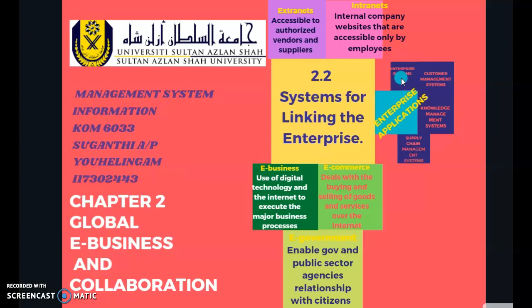Enterprise systems: firms use enterprise systems to integrate business processes in manufacturing and production, finance and accounting, sales and marketing, and human resources into a single software system.